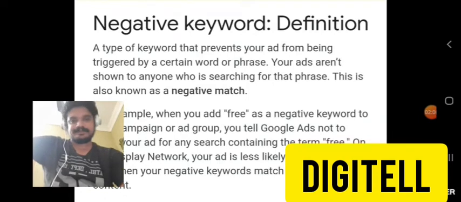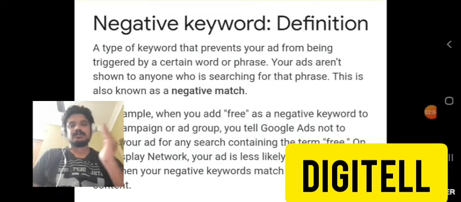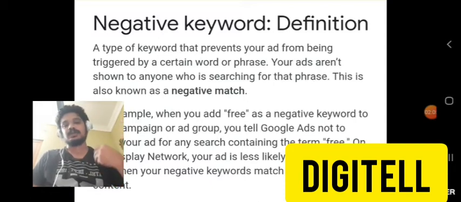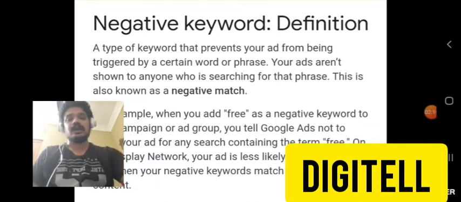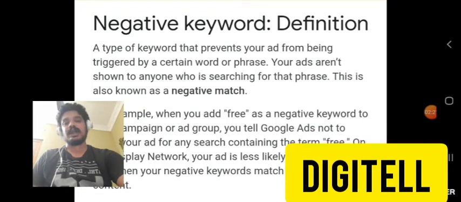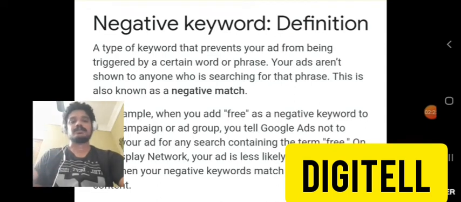The search term report always gives us the list of keywords which are triggering our ads. So according to the search term report, we have to list them out and add them into our negative keyword list. So it will avoid wasting our budget.